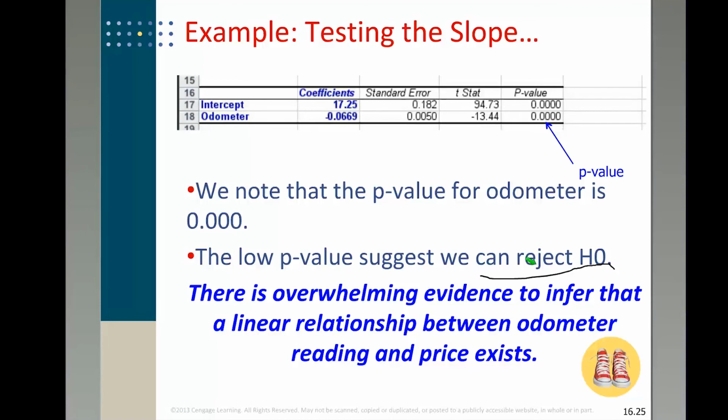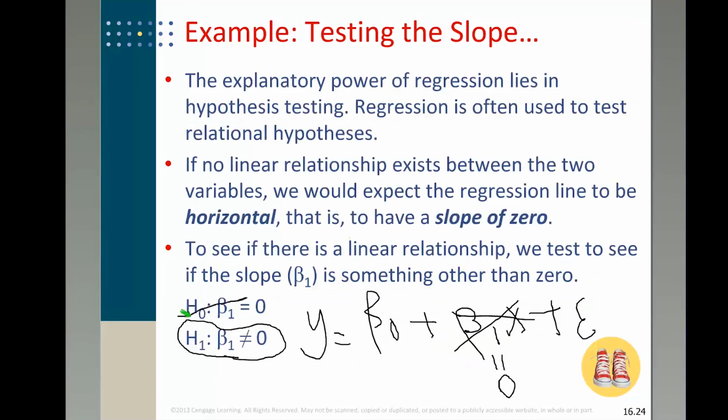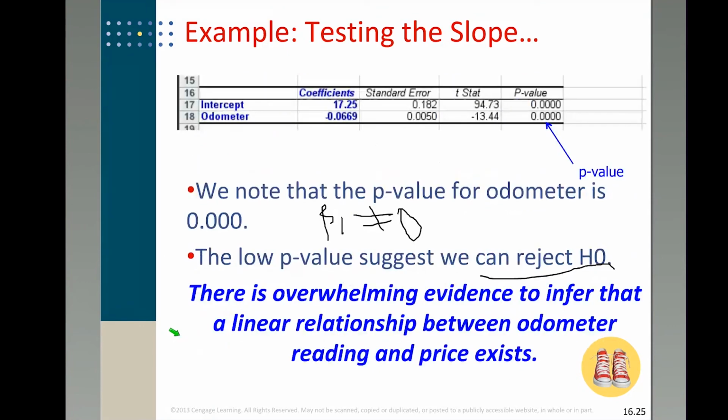Okay, and that means we can claim that beta 1 is different from 0. Once we can reject the null hypothesis, we can claim that the alternative is supported, and therefore we can say beta 1 is different from 0. And that means it does make sense for us to estimate a simple linear regression model for these two variables because they are correlated. Okay?